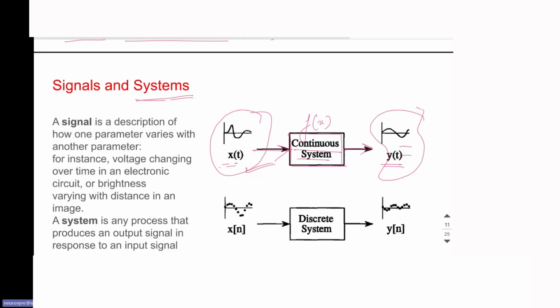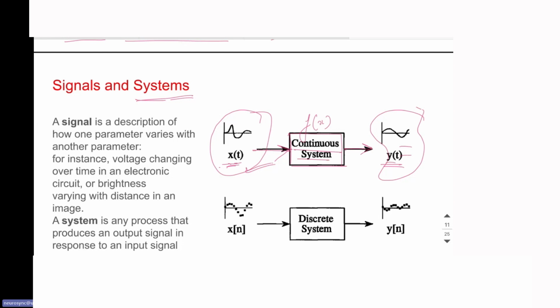For instance, the voltage changing over time in an electronic circuit, or when we talk about an image, the brightness and dullness of the image. So this is nothing but the description of a parameter changing with respect to time.